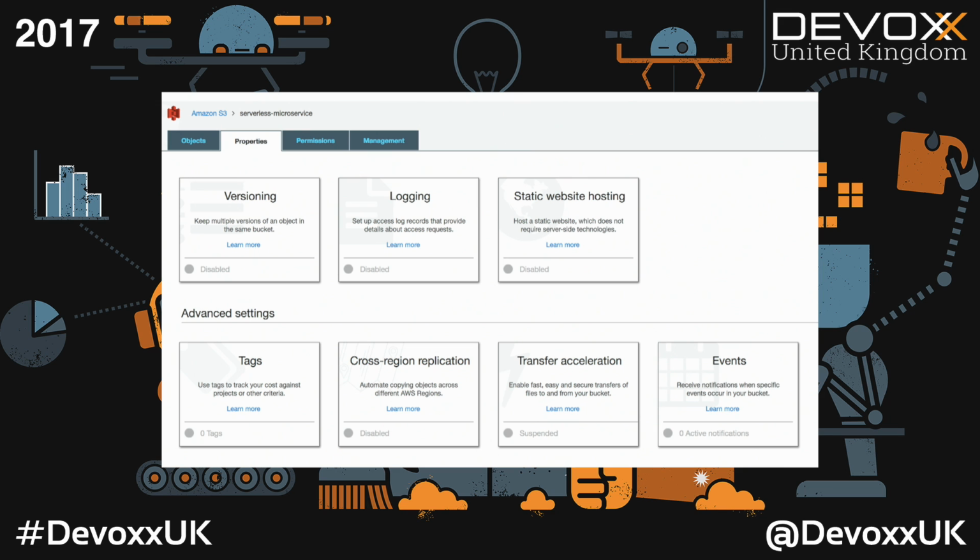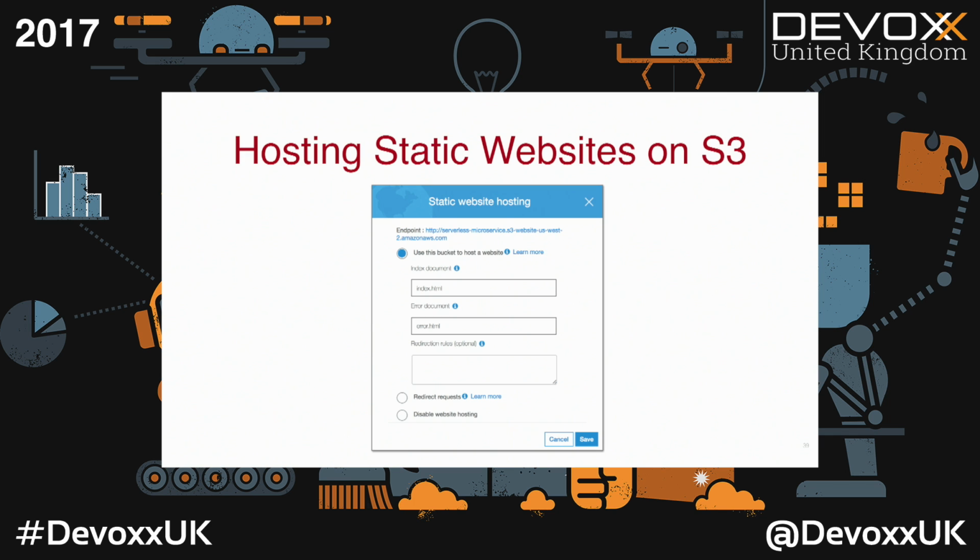So my static website could live on S3, and then I can say, hey, I want to invoke my application. I've enabled static website hosting. It is running a backend web server. Just serve my request. Now once I enable static websites on S3, I can just say, use this web bucket to host a website. I can say what is my primary document, what is my error document, and I can start configuring those rules.